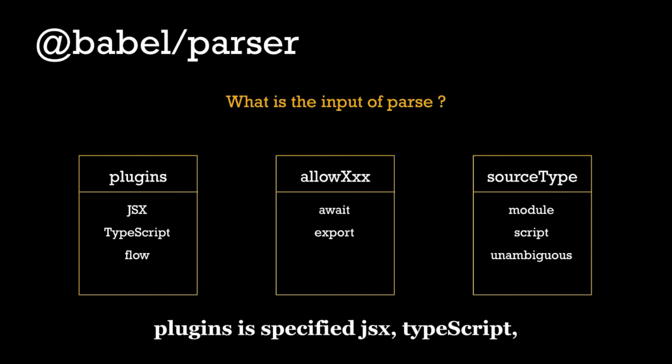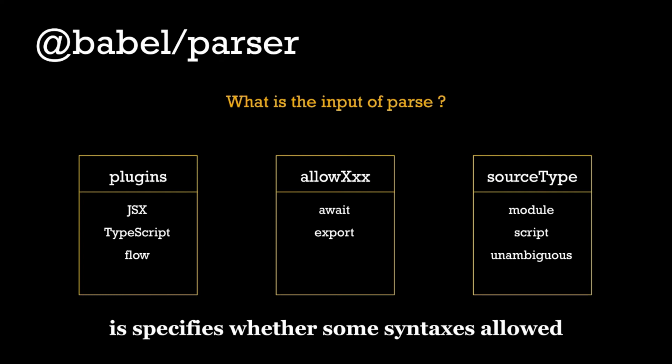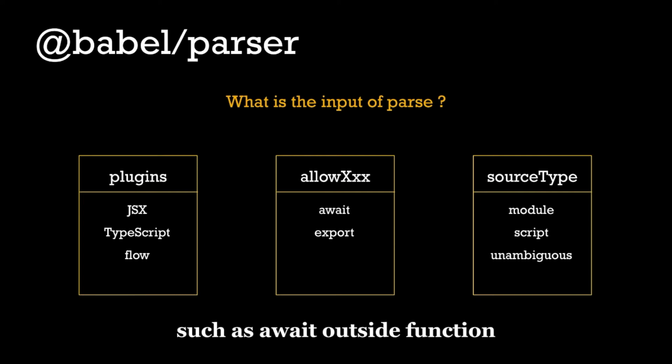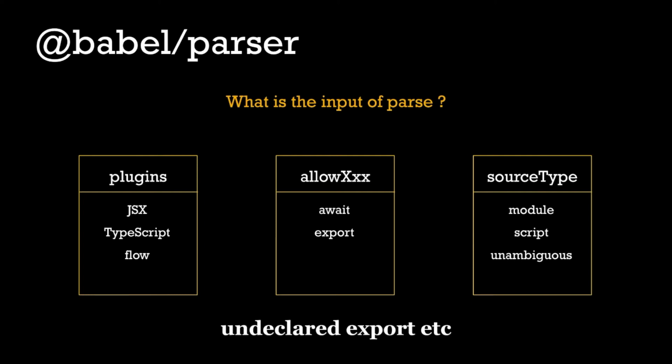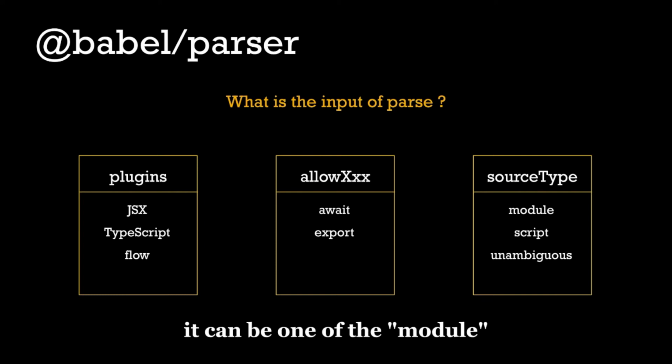Plugins specify JSX, TypeScript, Flow, and other plugins to parse the corresponding syntax. Allow options specify whether some syntax is allowed, such as await outside the function, undeclared export, etc. Source type indicates the mode the code should be parsed in. It can be one of module, script, and unambiguous.